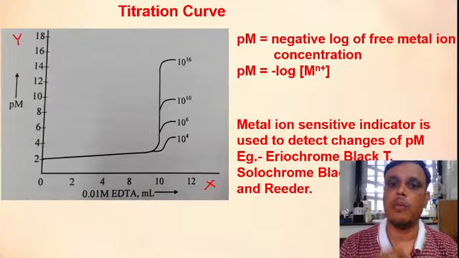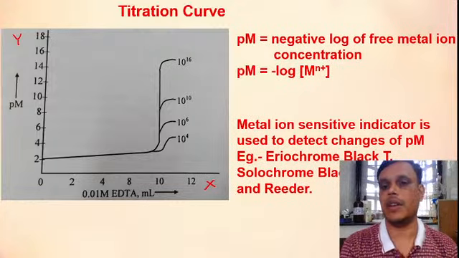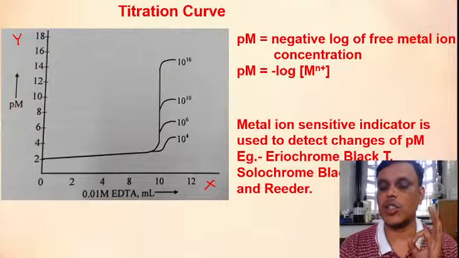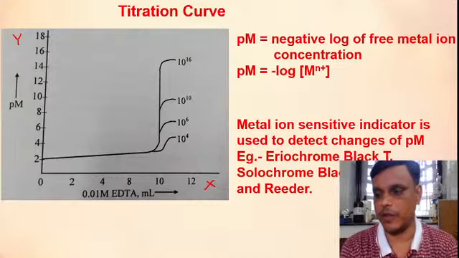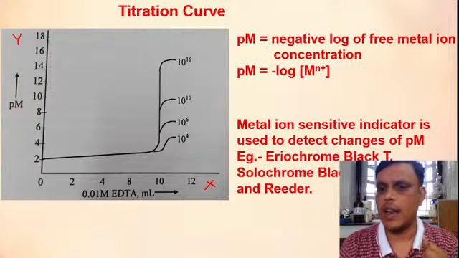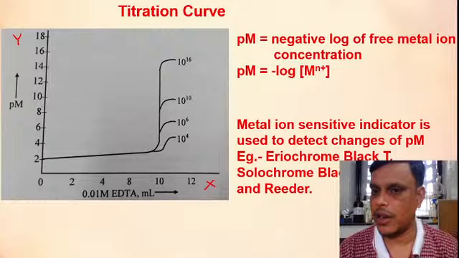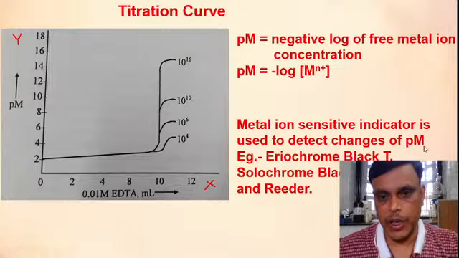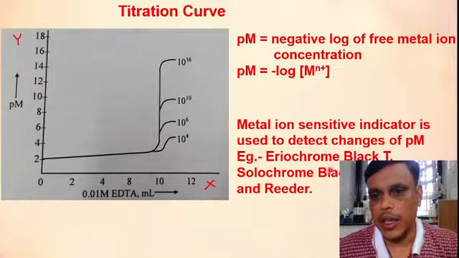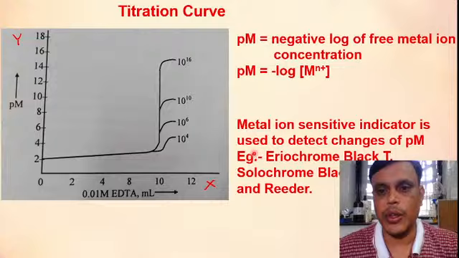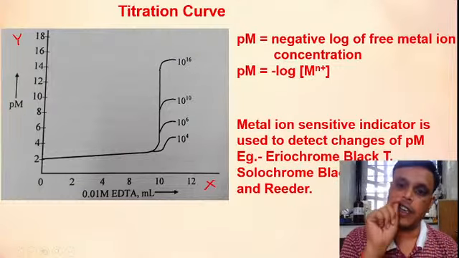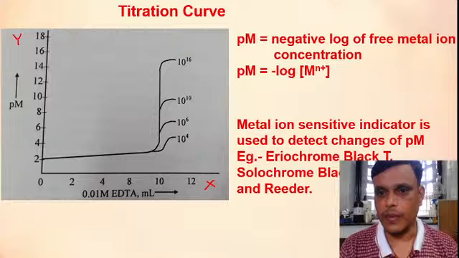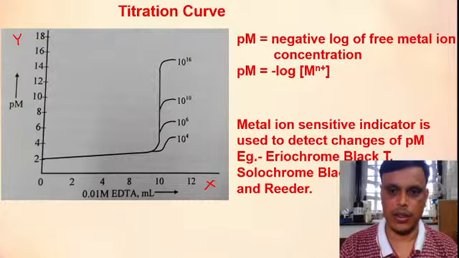In this case the metal ion sensitive indicator is used to detect the changes in concentration of free metal ion. So which metal ion sensitive indicators are used? For example, EBT, called Eriochrome Black T indicator. This indicator is used when EDTA is used as the complexometric agent.